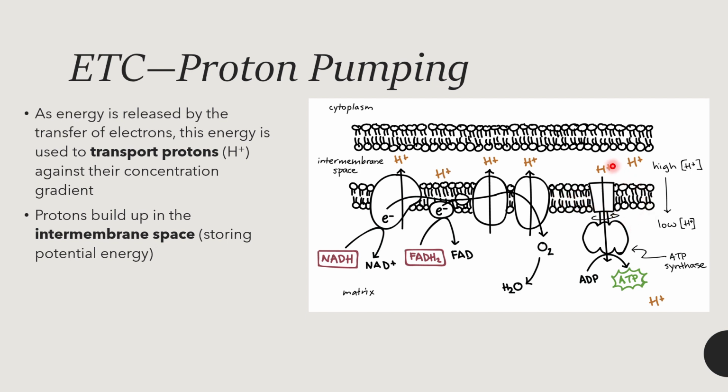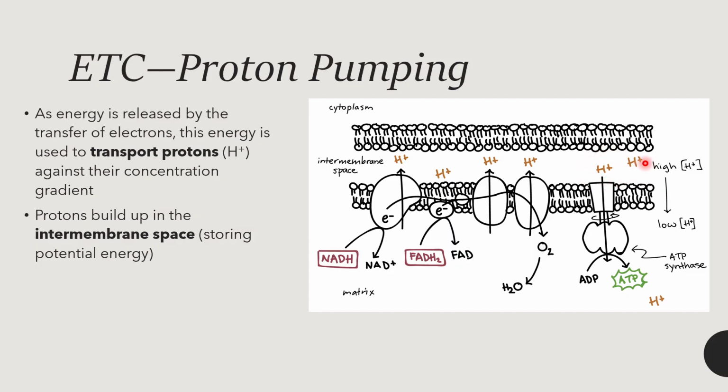So in order to come back down this concentration gradient, right, to release this energy that's stored in this gradient, these protons are going to fall through a molecule of ATP synthase. This is the enzyme that is going to create our ATP.